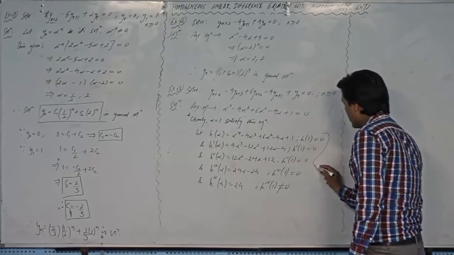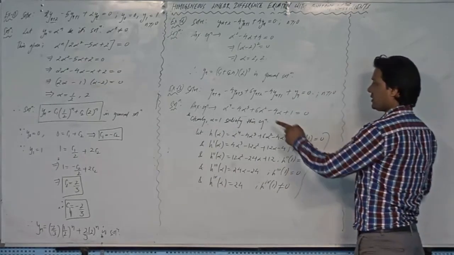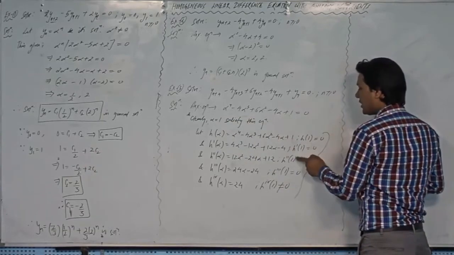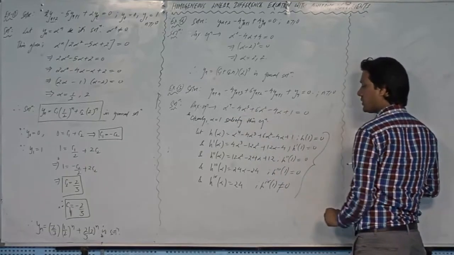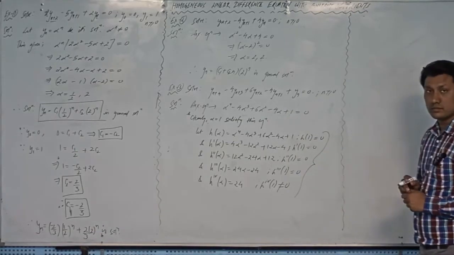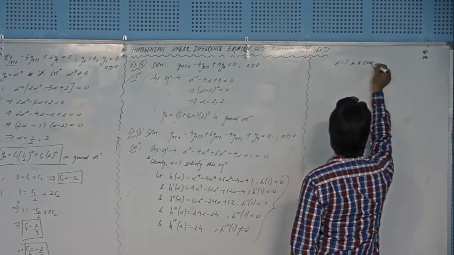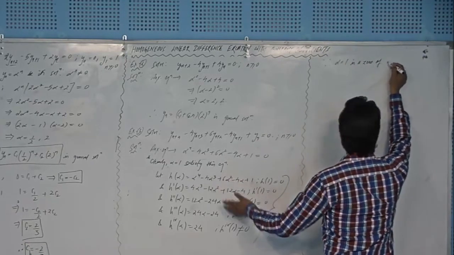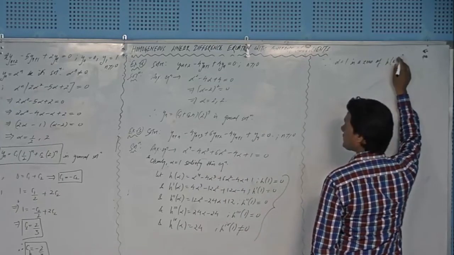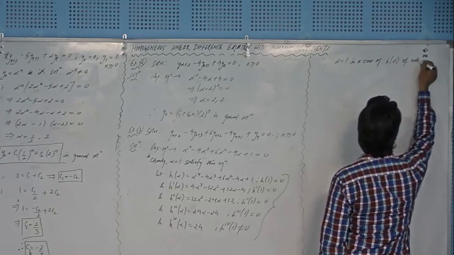So what does this information convey? It conveys that alpha equal to 1 is a zero of this polynomial of order 4, right? So I will write that. Therefore, alpha equal to 1 is a zero of this h alpha of order 4.